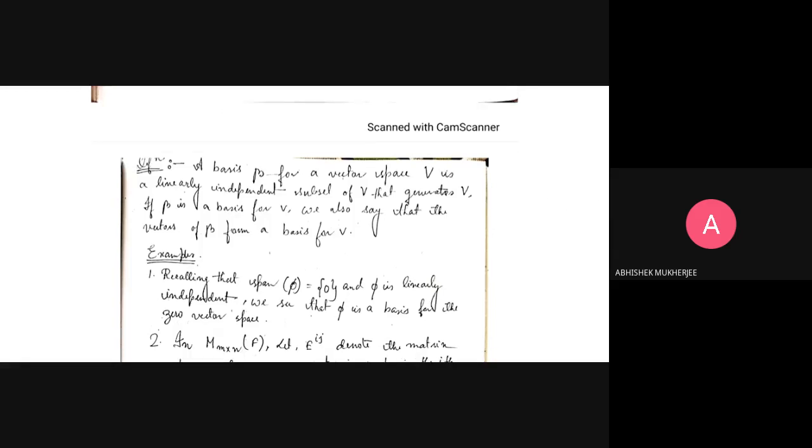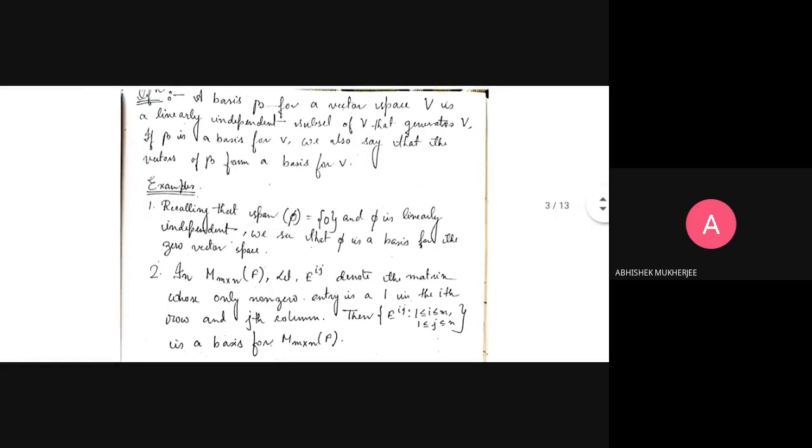So I come to the definition, that is, a basis beta for a vector space V is a linearly independent subset of V that generates V. That means a basis beta, we will say it is a basis if it is a linearly independent subset of V that generates V. If beta is a basis for V, we also say that the vectors of beta form a basis for V. Now I have given some examples.